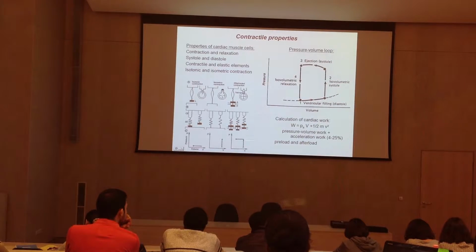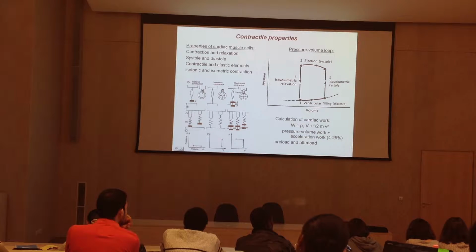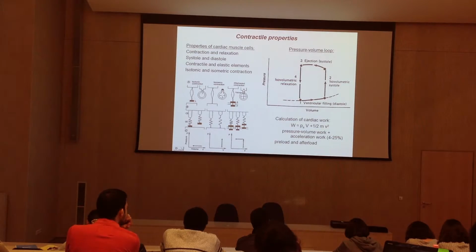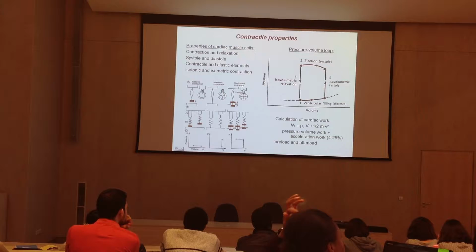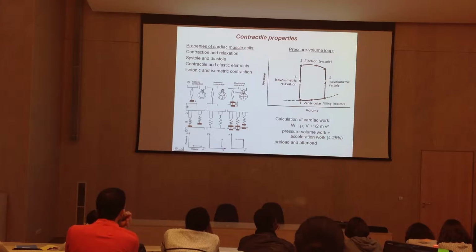Therefore, the contraction starts with an isometric contraction, isovolumetric systole, where nothing else happens, just the intraventricular pressure will be higher and higher until the pressure overcomes the aortic pressure and the blood will flow out.